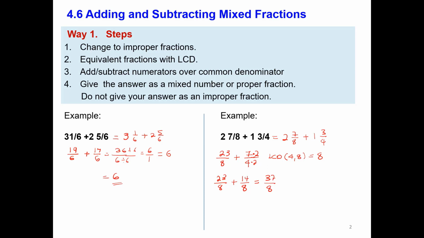Because this is an improper fraction, we want to write it as a mixed number. Let's divide. 37 divided by 8 is 4, since 4 times 8 is 32, and the remainder is 5. The quotient 4 is the whole number, the remainder is the numerator, and the divisor is the denominator.